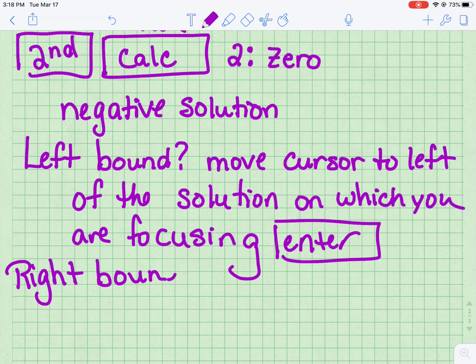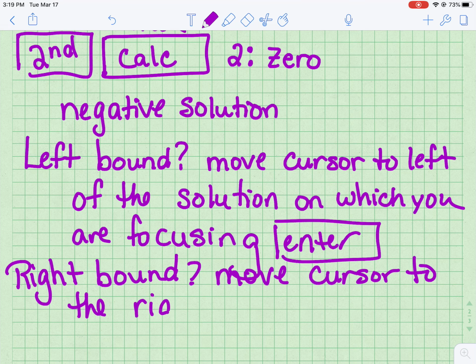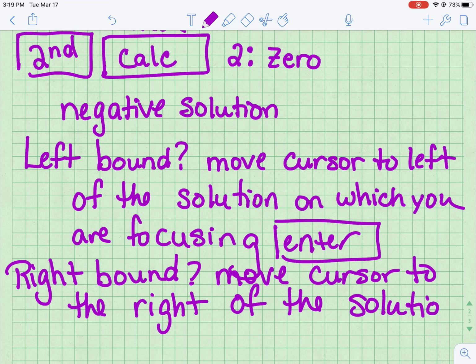And again, you're going to move the cursor to the right of the same solution as above. You can't move it over to the other solution. If you do, you will get an error.